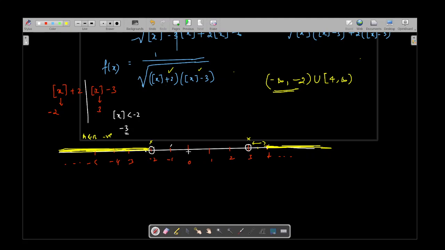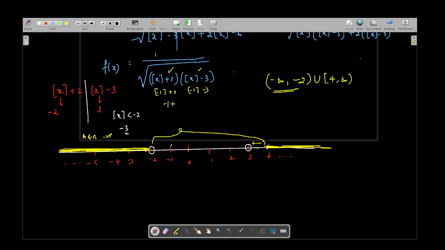Now if I take anything between these two values, from here to here, any value, let's say minus 1, minus 1 plus 2, minus 1 minus 3.